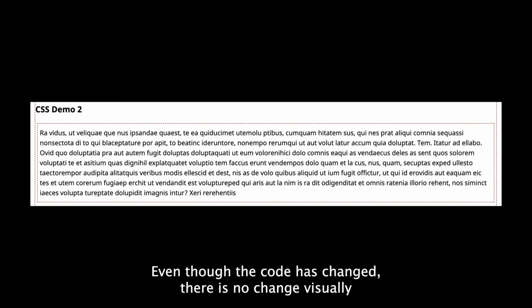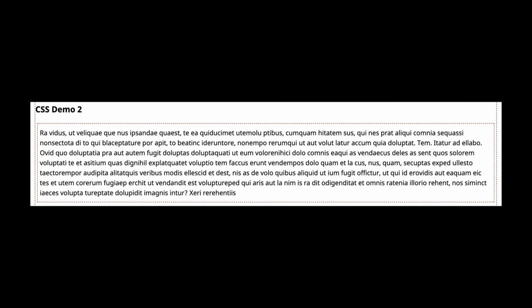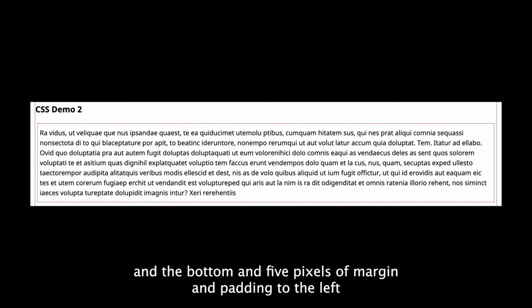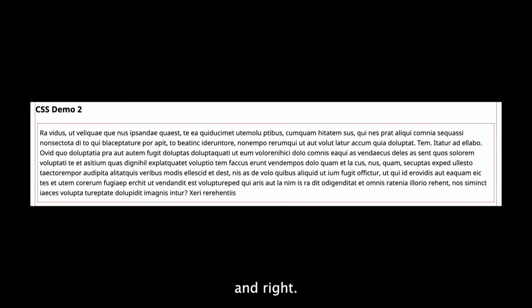Even though the code has changed, there is no change visually because the browser still shows 10 pixels of margin and padding at the top and the bottom, and 5 pixels of margin and padding to the left and right.